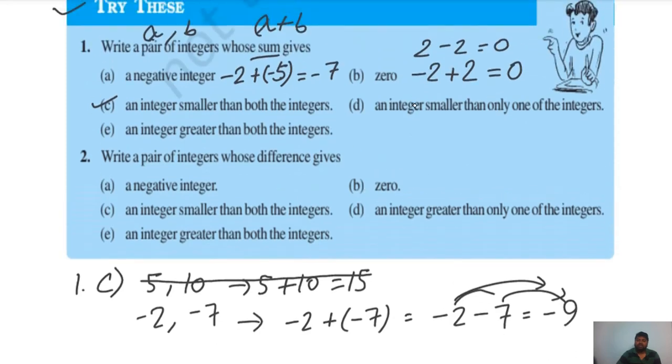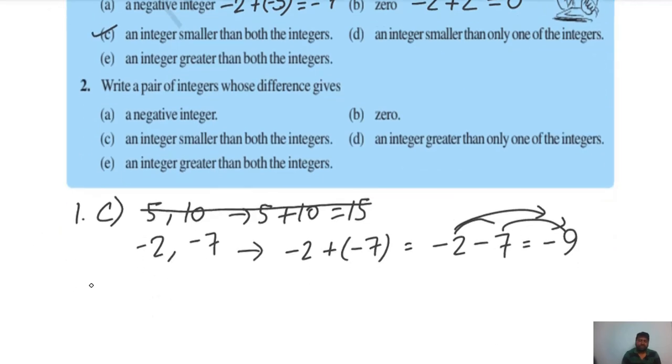The sum is an integer smaller than only one of the integers. Okay, the sum gives an integer smaller than only one of the integers. Then we take, suppose, one positive integer, one negative integer, minus 5 and suppose 15.